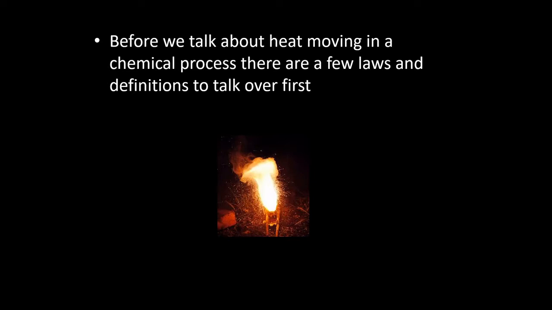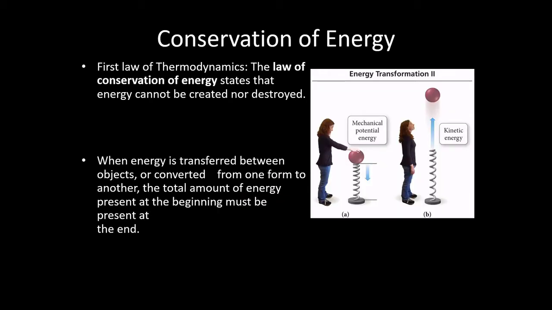So before we talk about heat some more and how we're going to move this around, we're going to need to define what happens to energy in our chemical reactions. More specifically, we need to make sure that everyone understands that when we have energy moving around in our chemical reaction, we can't lose it and we can't gain any extra. Whatever happens to the energy in a chemical reaction, we are not creating energy, we are not losing energy.